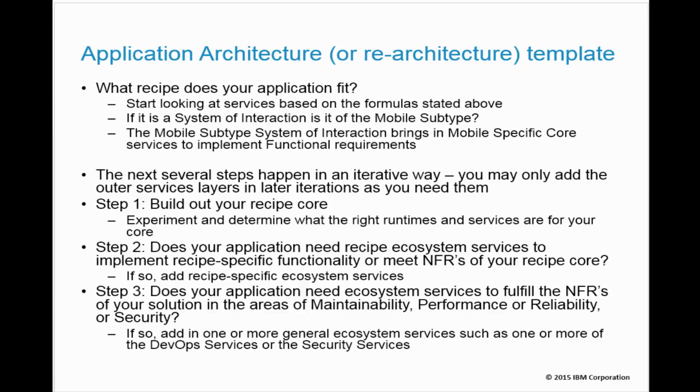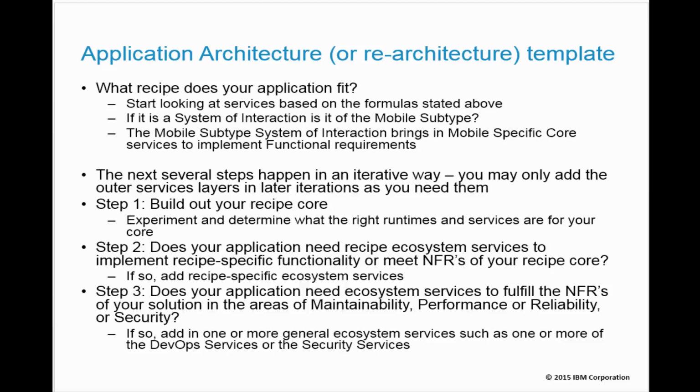Okay? So what that has given you is essentially an approach to break down your application and get a handle on the vast catalog of things that are available in Bluemix for building your applications in a born-on-the-cloud, Bluemix-centric way.